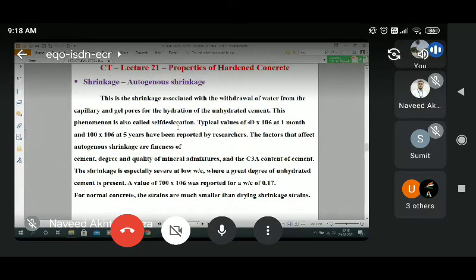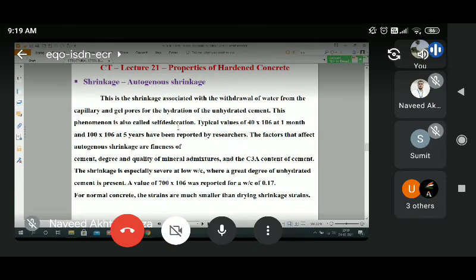Then we'll see the third type of shrinkage, which is the autogenous shrinkage. This is the shrinkage associated with the withdrawal of water from the capillary and the gel pores for the hydration of unhydrated cement.